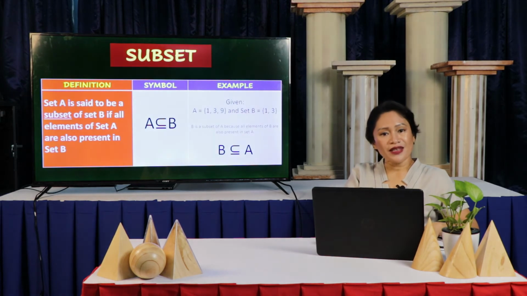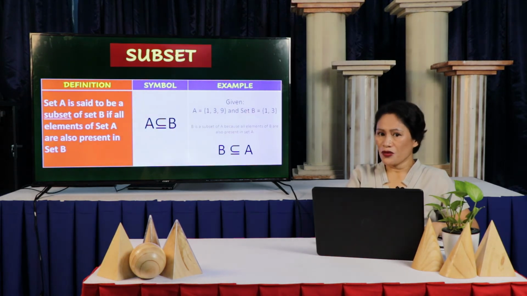Now let's proceed to subset. What is a subset? By definition, set A is said to be a subset of B if all elements of set A are also present in set B. In symbol, it is denoted by a C-like symbol with an underscore under it, and it is read as "is a subset of."